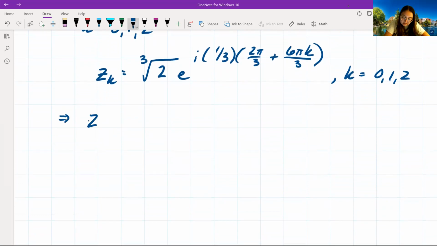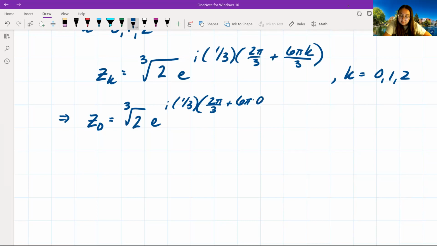So this is going to give us that z of 0 is going to be equal to the cube root of 2 times e to the power of i times 1/3 times 2 pi over 3 plus 6 pi times 0 over 3.